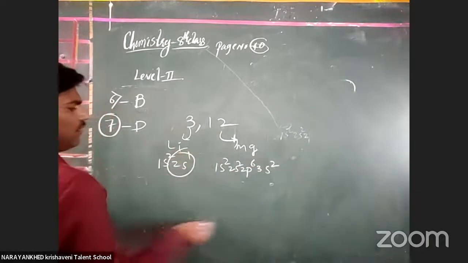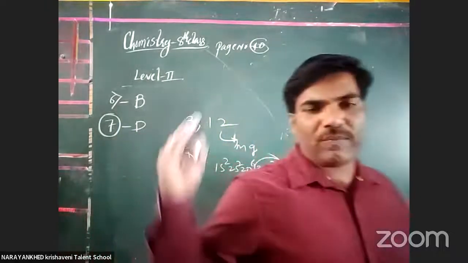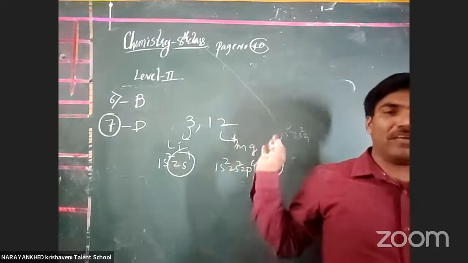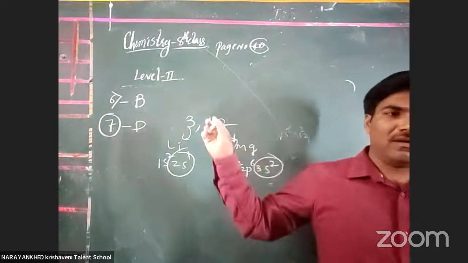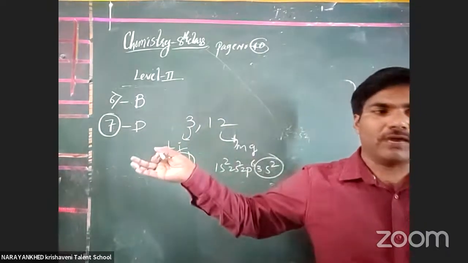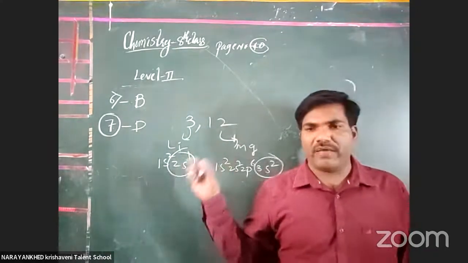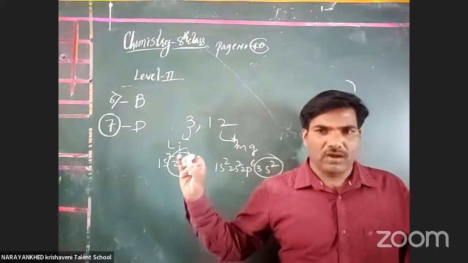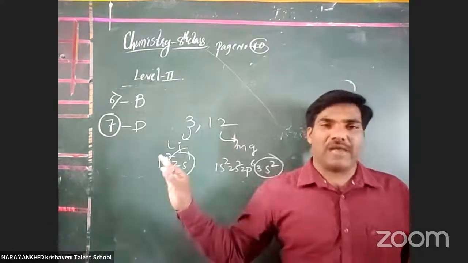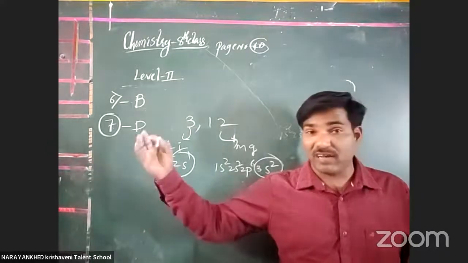Okay, now any element whose outermost orbital ends with an s orbital is called an s block element. Electronic configuration ending with the s orbital, whether it is an 80 element or a 90 element, whatever it is, if it follows the ns1 and ns2 electronic configuration, it should compulsorily be s block. Any p or d term is in the last orbit only.